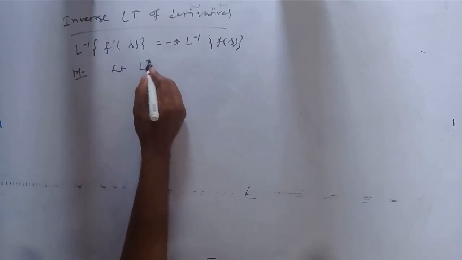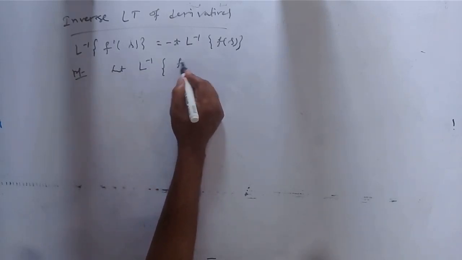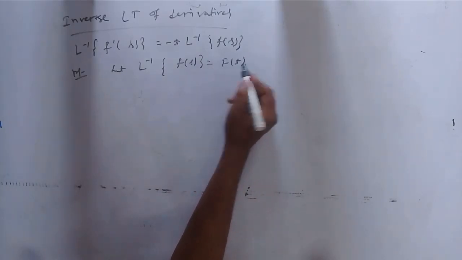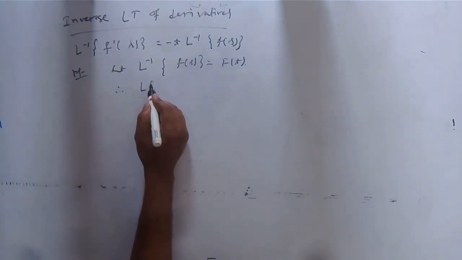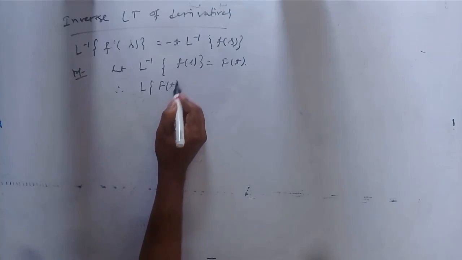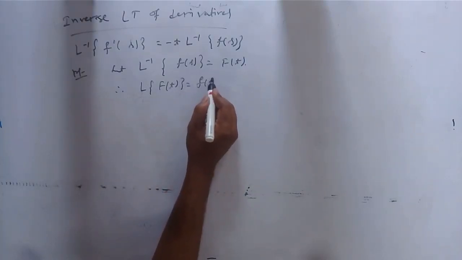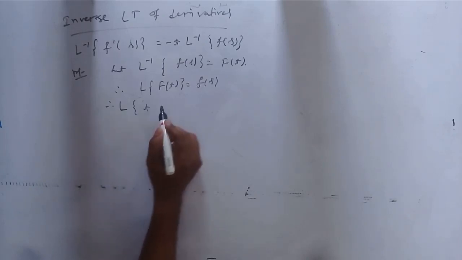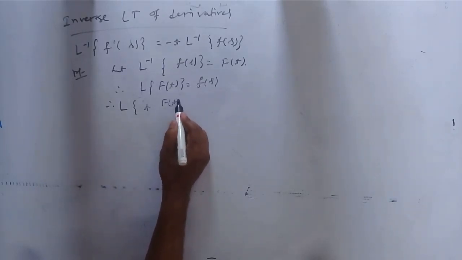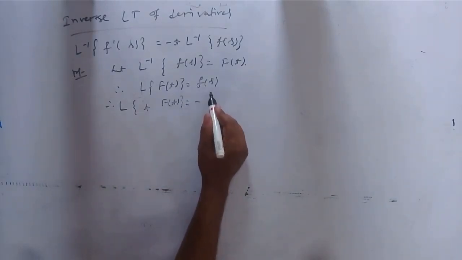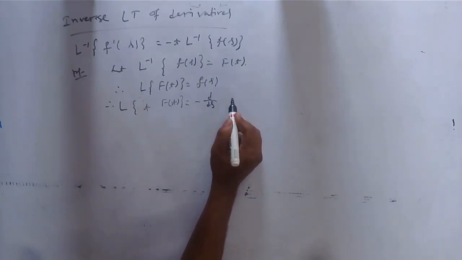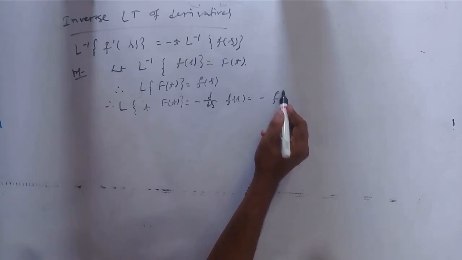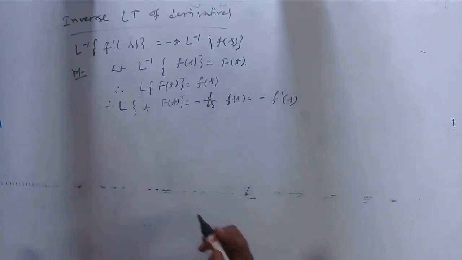Now the proof is, let L inverse of F(s) equal f(t), therefore L of f(t) equals F(s), therefore L of t f(t), we know, is equal to minus d/ds of F(s), that is equal to minus F dash (s). Okay.